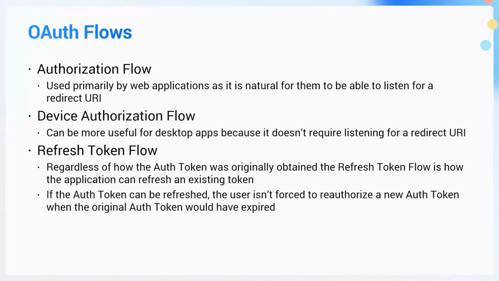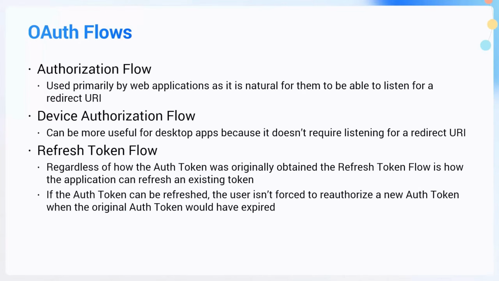PowerBuilder app isn't doing that. So it's a little bit more difficult for a PowerBuilder app to handle a redirect URI. And that's the reason I wanted to show the option of the device authorization flow. Because not only does it work for limited input devices like smart TVs, but it could also be useful for us as PowerBuilder developers, because it means we don't have to deal with a redirect URI.